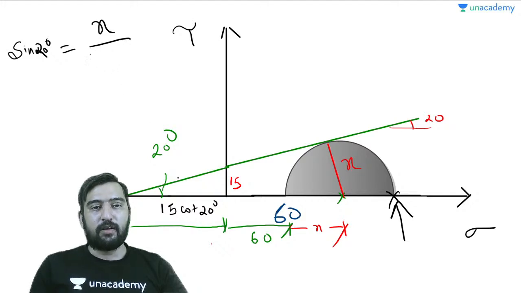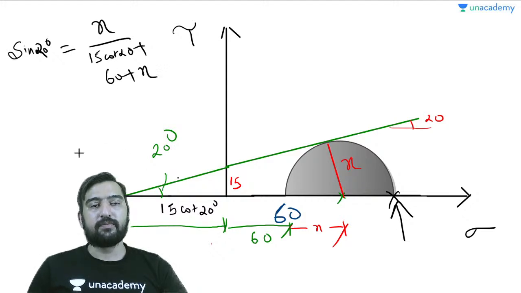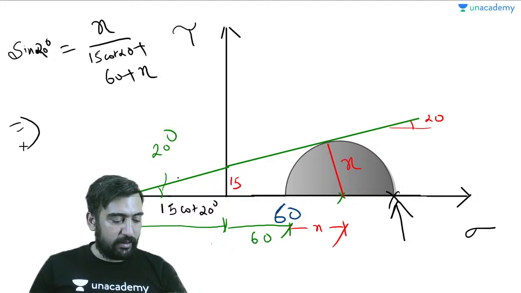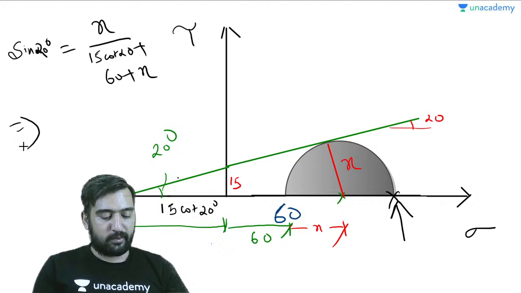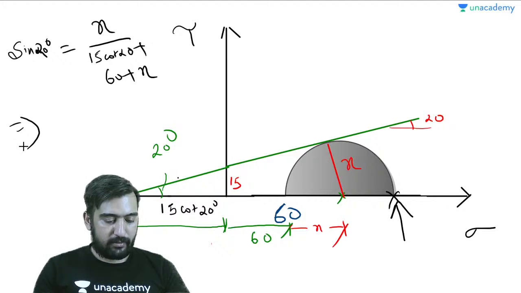What is the hypotenuse? 15 cot 20 plus 60 plus x. So what is the value of sine 20? Let me check.